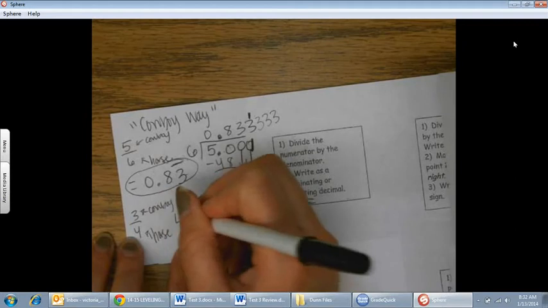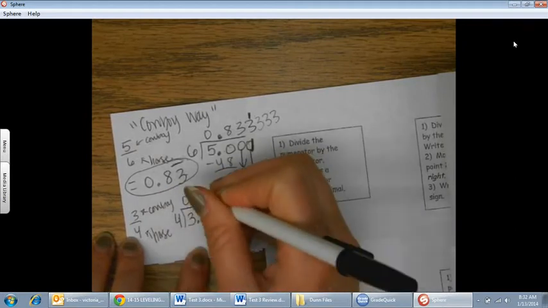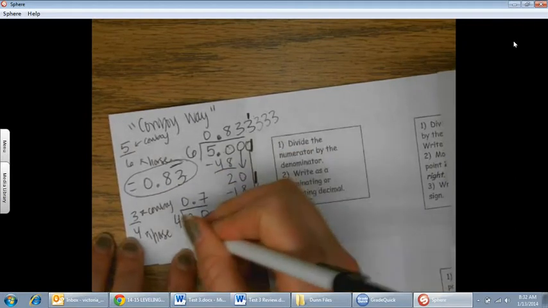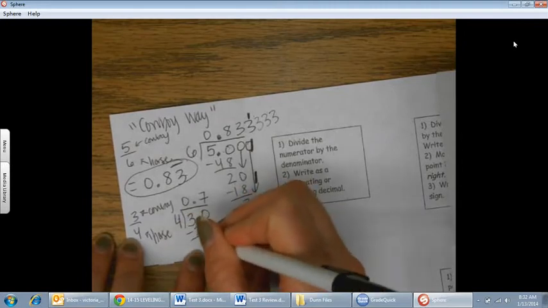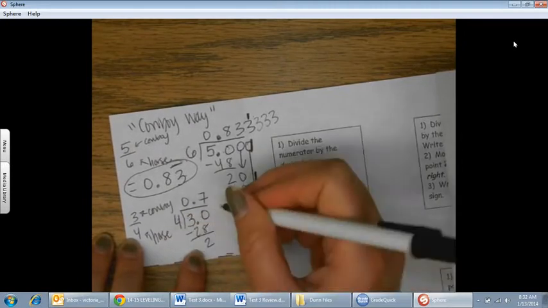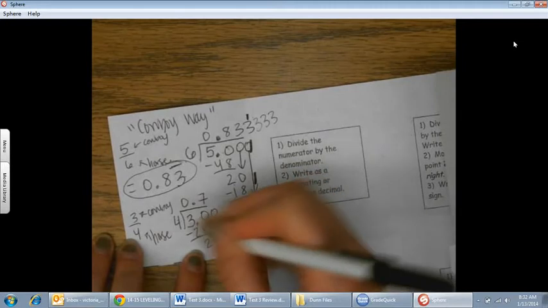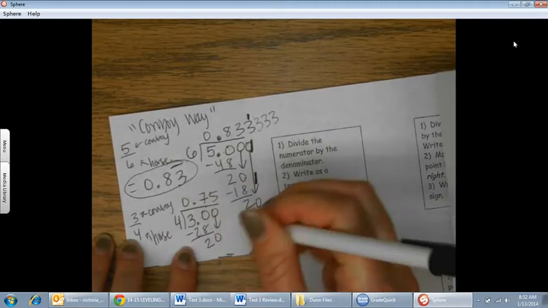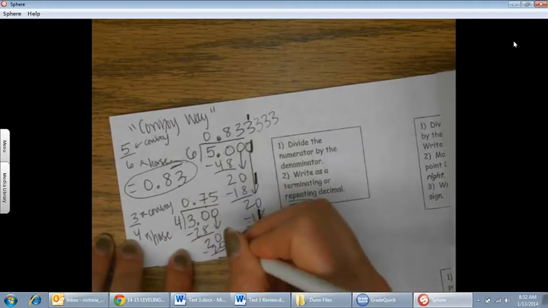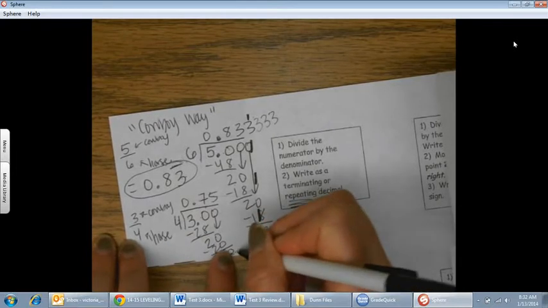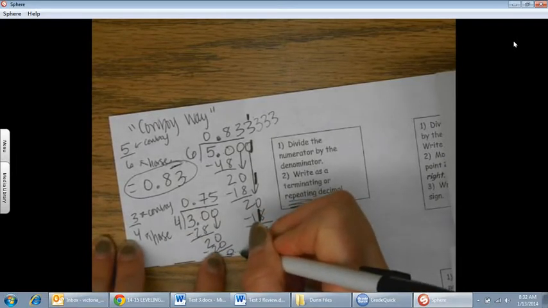Minus 28 gives me 2. Eat another donut, and that goes in 5 times. Minus 20 gives me 0. You can tell when you finally have a donut out here, he was full, and he didn't need to eat any more donuts. So your final answer for 3/4 would be 0.75.